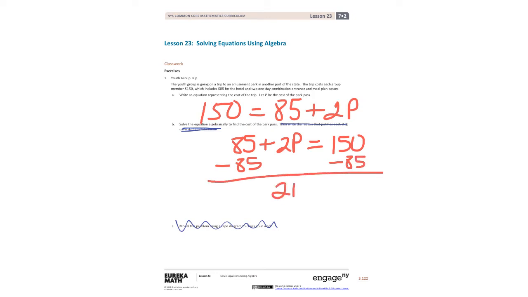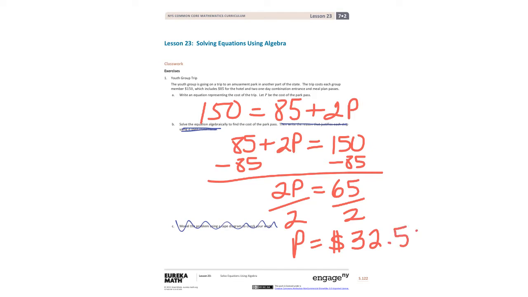And so I get 2p equals, and 150 minus 85 is 65. I'm going to divide both sides by 2. And so the park pass for one day will cost someone $32.50.